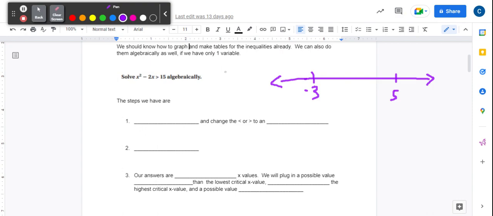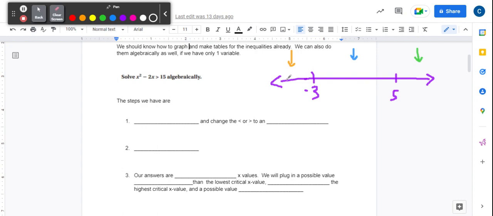Now, we want to guess a possible number in this area, a possible number in this area, and a possible number in this area right here. If we go back to our original inequality, x squared minus 2x is greater than 15, we want to see where this inequality lines up. Let's take a number less than negative 3.